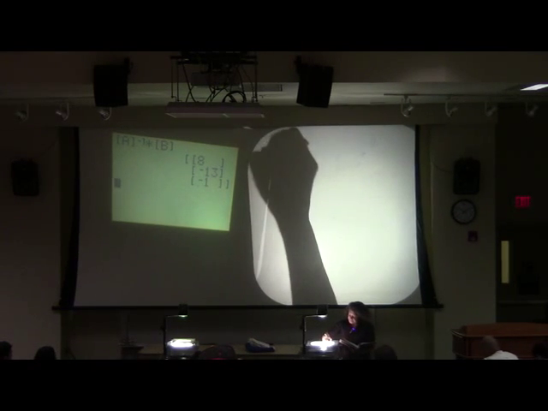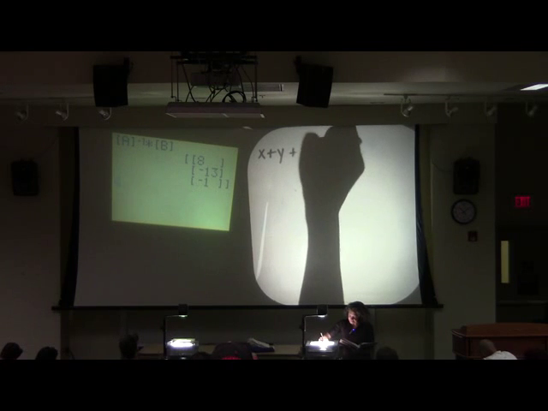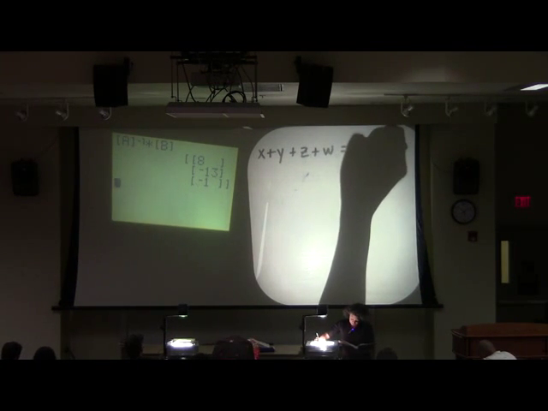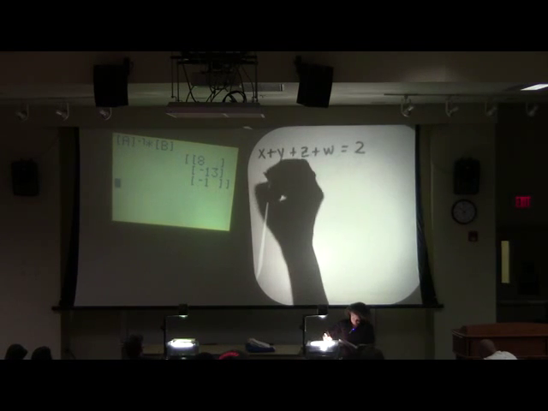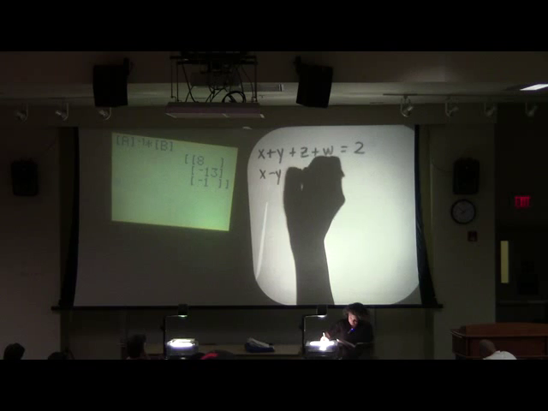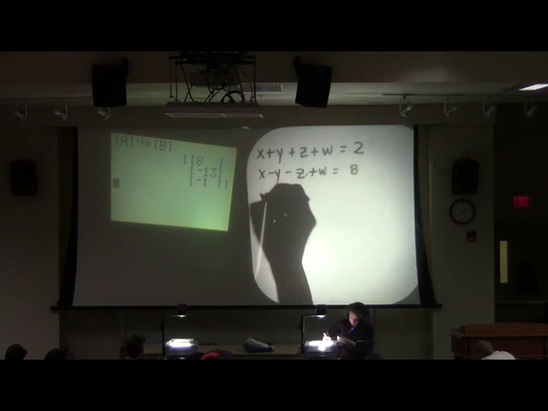Let's do it. Suppose I have x plus y plus z plus w equals 2. X minus y minus z plus w equals 8.